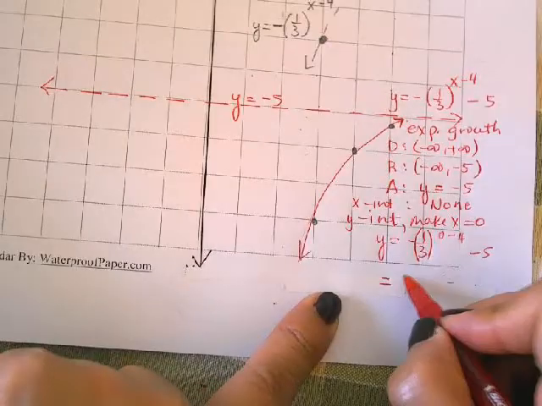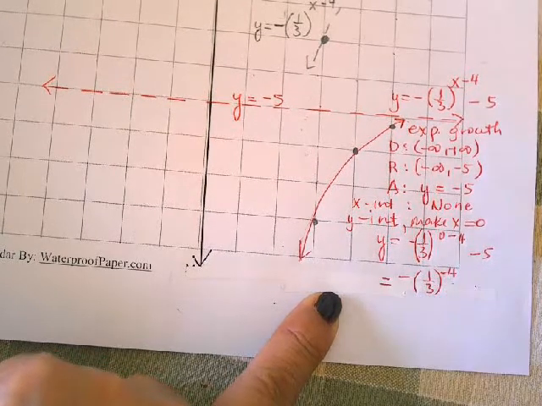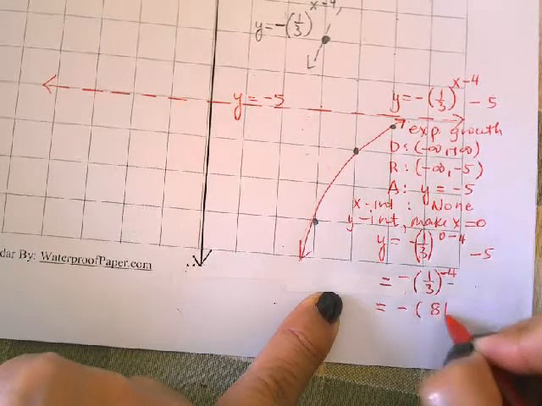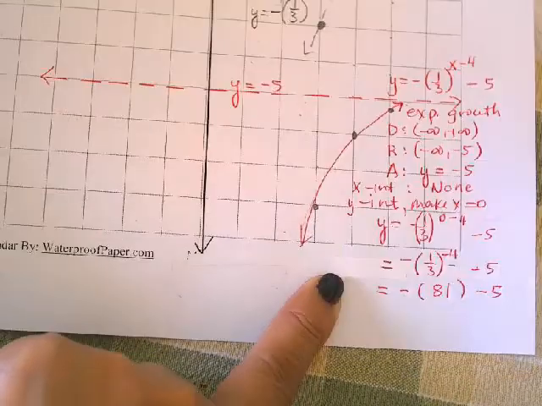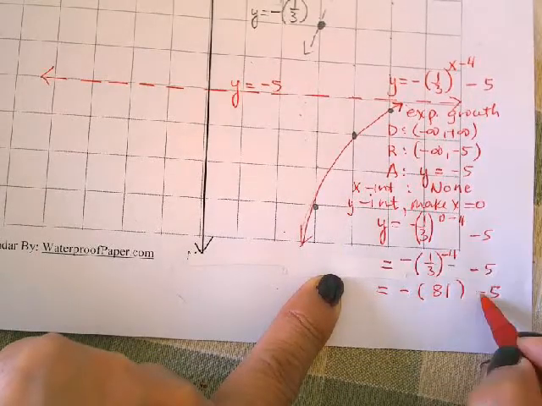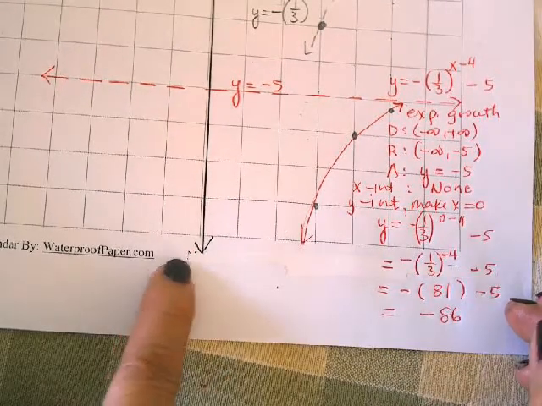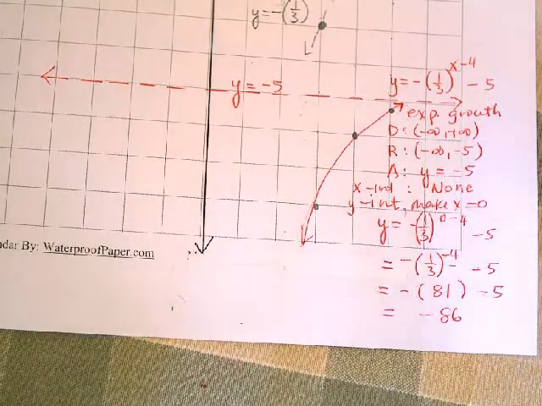Let's calculate this. Let's do first 1/3 to the -4. What's 1/3 to the -4? I hope you know that is 81. Try to use your knowledge of exponents. So that's -81 minus 5, it's -86. So we're going to hit the y-axis at -86. That is how you graph with all the transformations. I hope you got that.